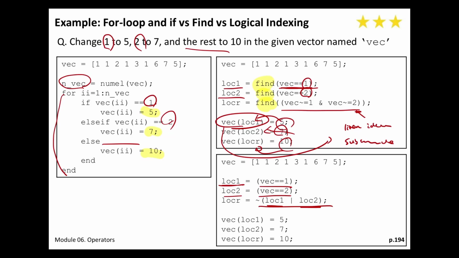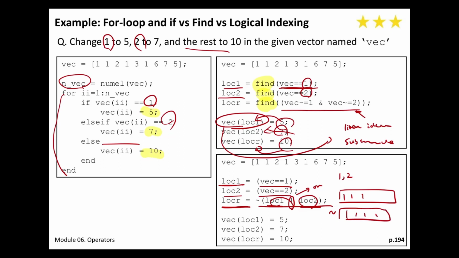So if you apply the OR operator, that is the location where number 1 or 2 is placed. Otherwise, it's 0, right? Make sense? So the rest of the location is just not this location.